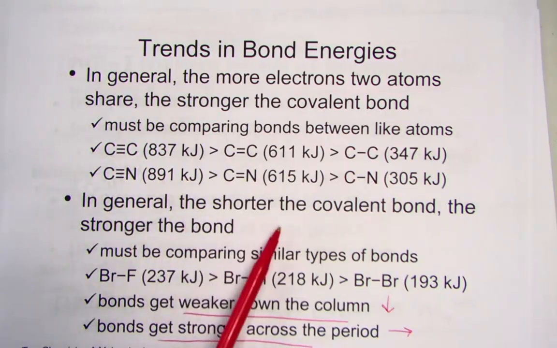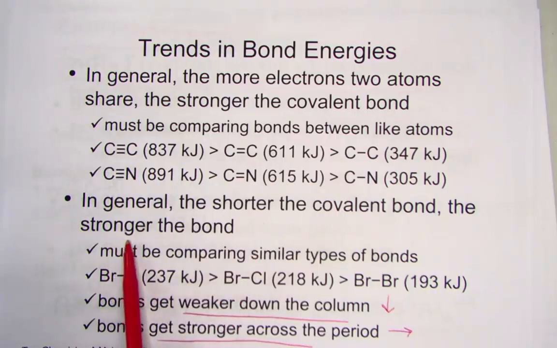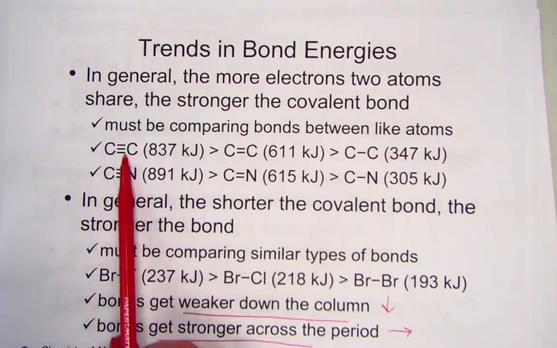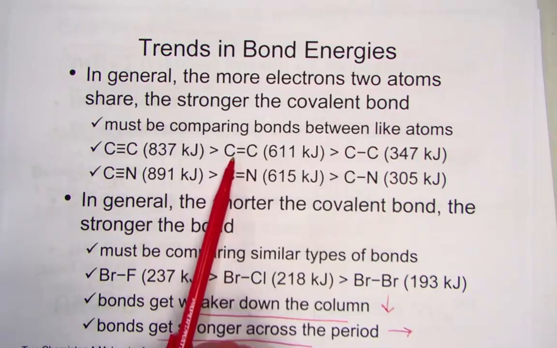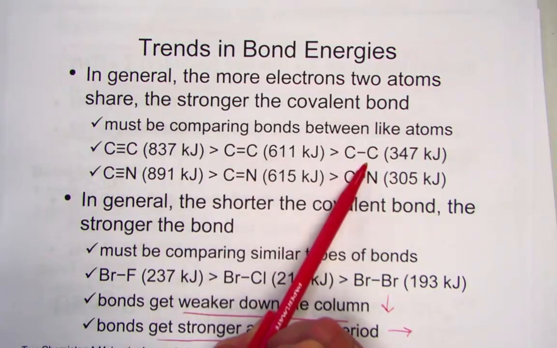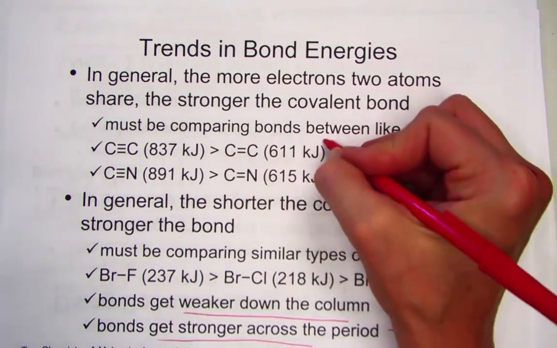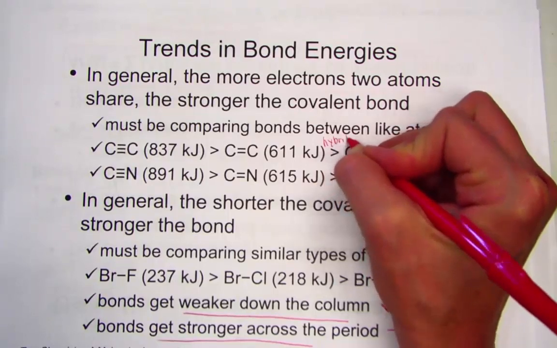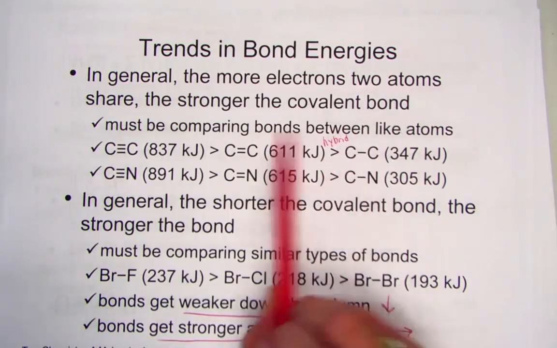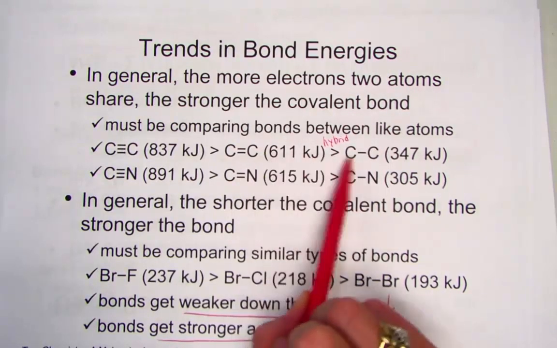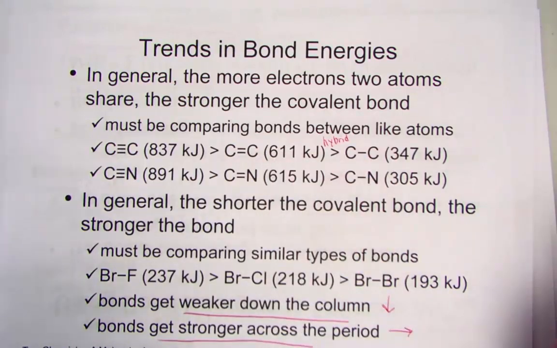In general, the shorter the covalent bond, the stronger the bond. Triple bonds are much stronger than double, which are much stronger than single. And remember that a resonance structure hybrid would lie somewhere between a single and a double bond. So the amount of energy needed to break a resonance structure is a little different as well.